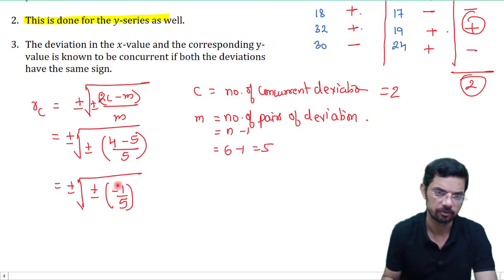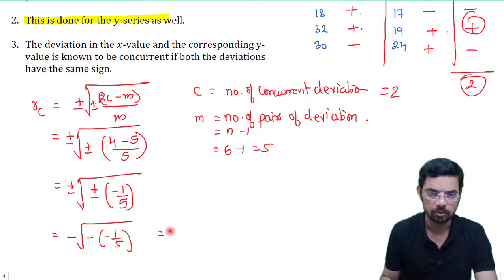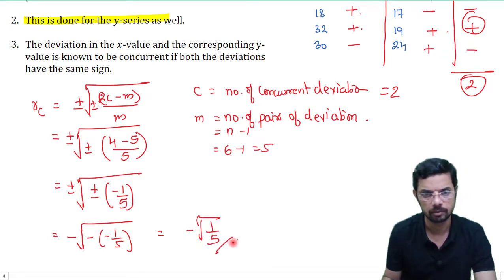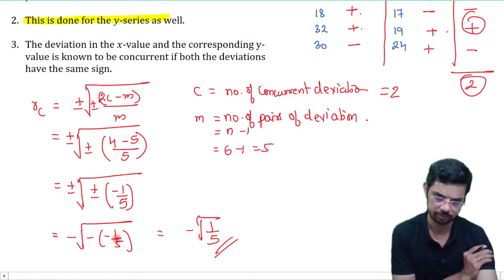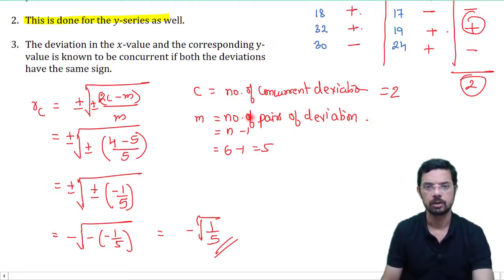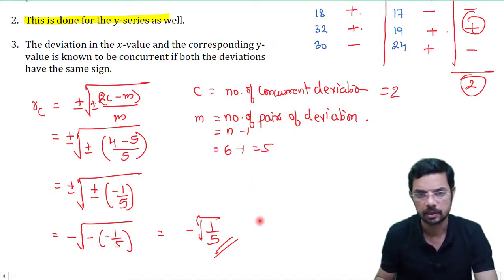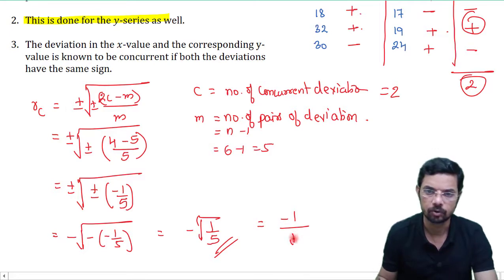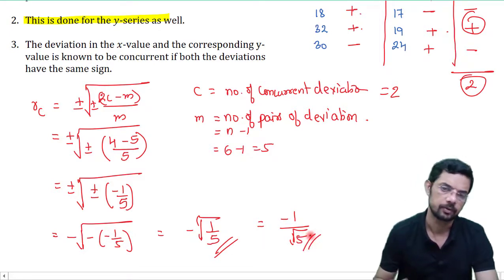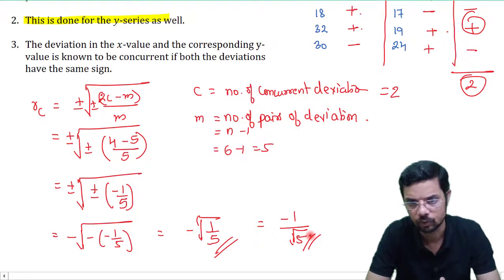So the inner value is negative, so we take negative on both sides. So we have minus of under root of minus 1 by 5, that is equal to minus square root of 1 by 5. This will be your answer. Or that will be equal to minus 1 by root of 5. This is your answer. We can find root 5 and divide minus 1 by it.